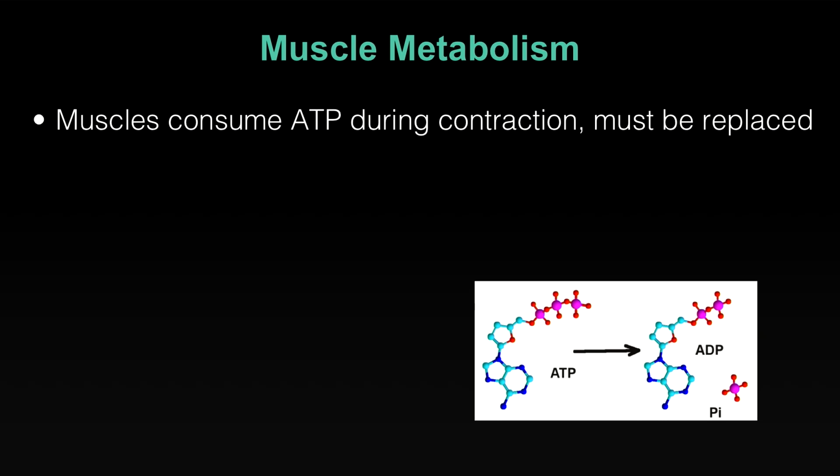Muscles using it at a very high rate. All of these are supports. All of the metabolism that we're going to talk about are supports that make ATP for the muscle to use.